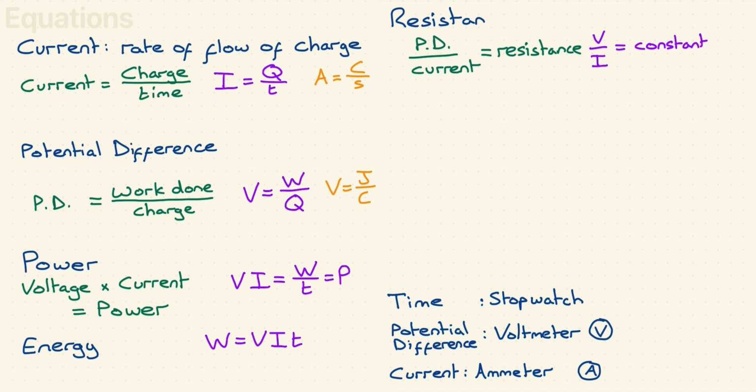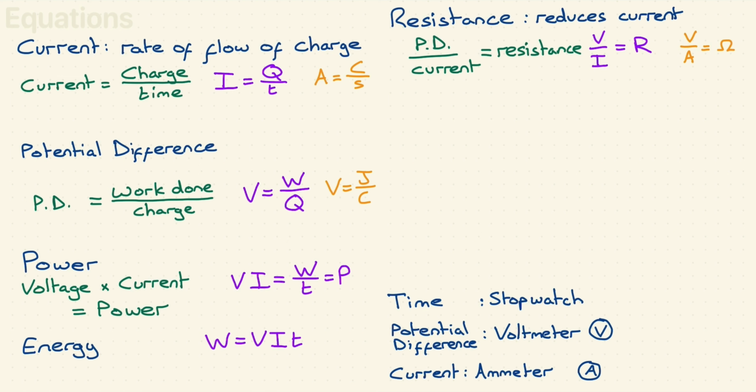Yes, I know. You think of resistance as the thing that reduces the current in a circuit. Well, it is that, but it can also be calculated using the equation resistance equals potential difference divided by current. R equals V over I.